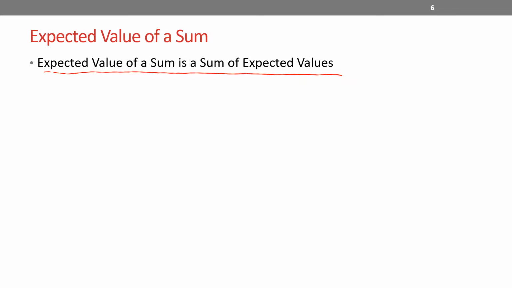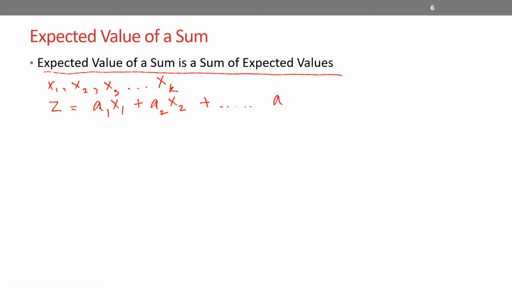So let us assume that x1, x2, and so on are some random variables. So x1, x2, x3, and so on up to, let's say, x of k or n, whatever you want to call it, right? These are my random variables, and I can express z as a linear combination of all these random variables, right? So a1 x1 plus a2 x2, and these a1s and a2s, they are some constants, right?